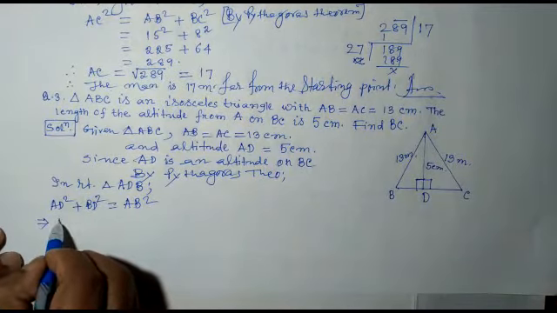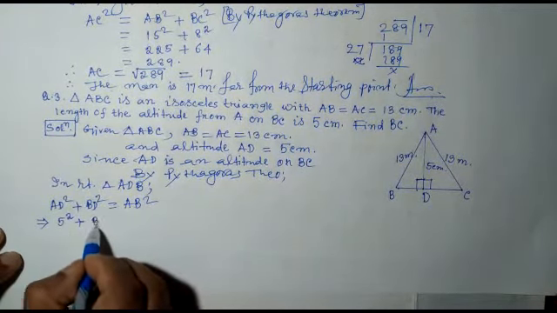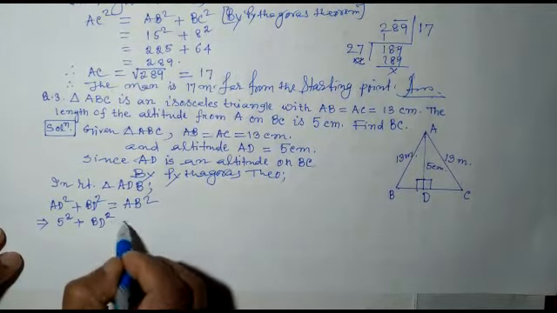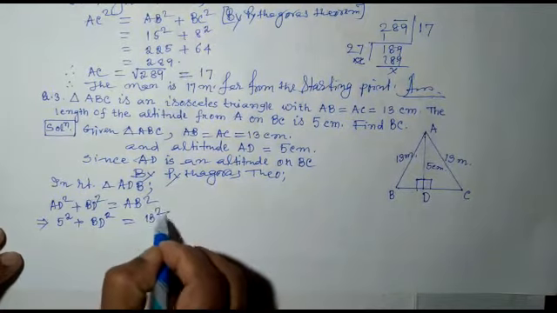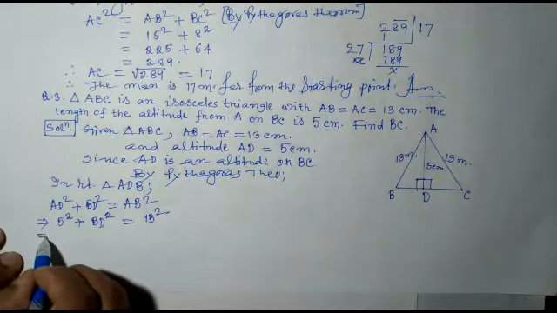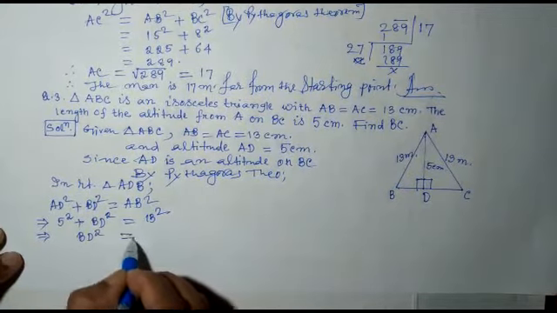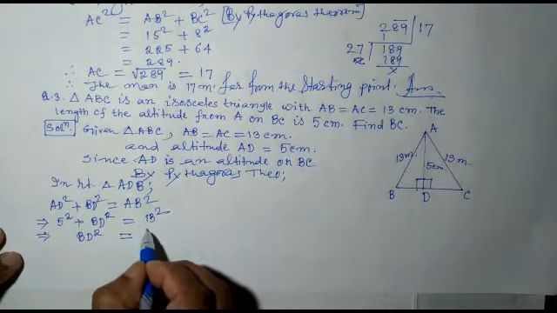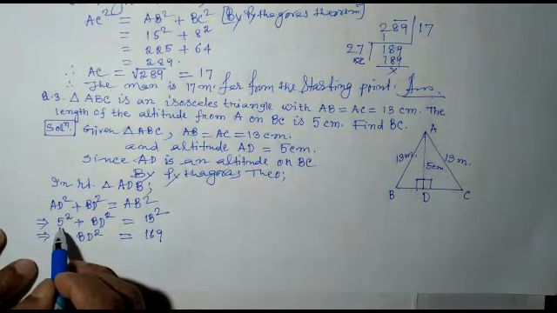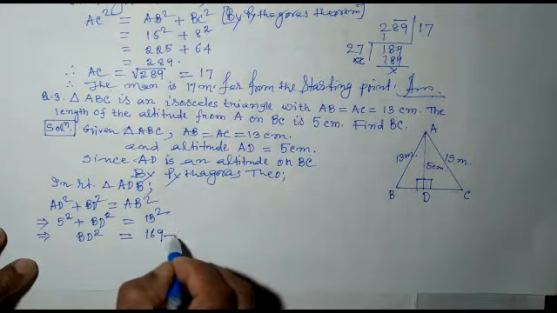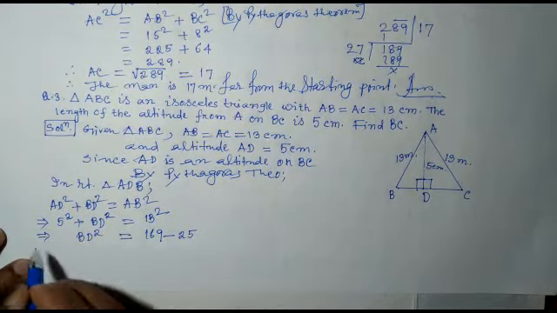So this is 5 centimeter AD value and BD we will find from here. So BD square will remain and AB is 13, so it will be 13 square. Or BD square is equal to 13 square, 13 into 13, it is 169. At the same time, 5 square is 25, and we take it to the right side, it is minus 25.